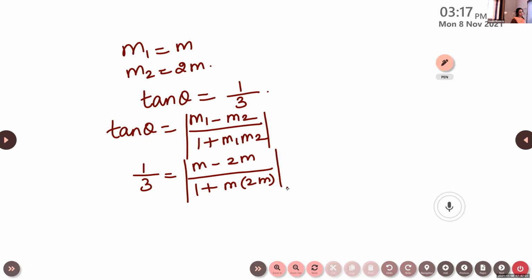Is it okay? Just apply the values. Which will be the same as 1 by 3 is equal to modulus of, what is m minus 2m? Minus m by 1 plus 2m square.